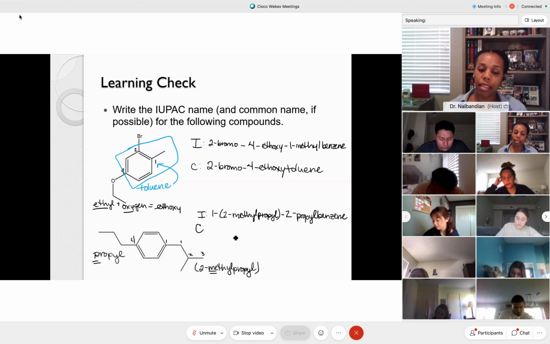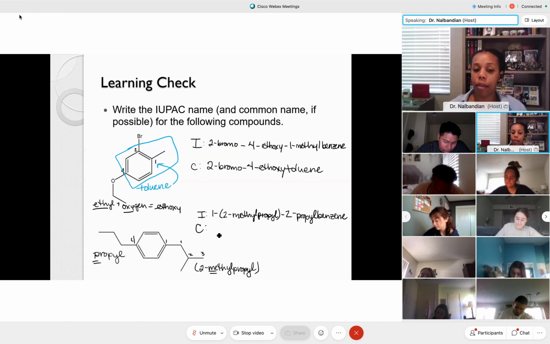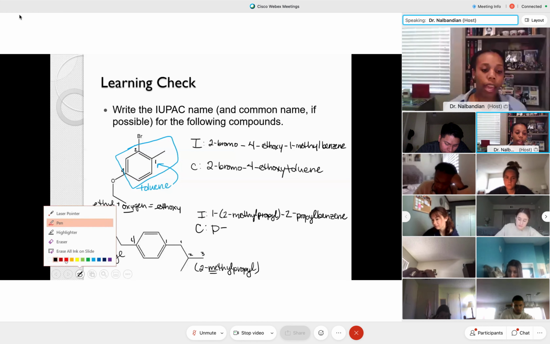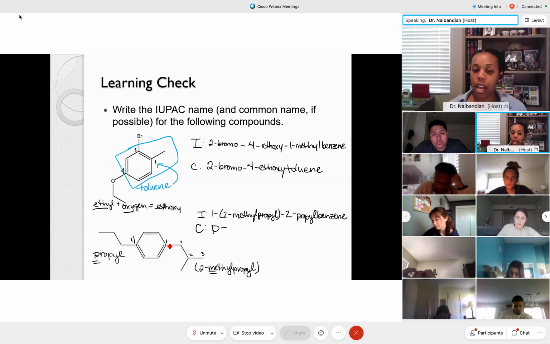Can we do a common name here? Well, yeah, we can do ortho, meta, para. Remember para, parachute. You want your parachute as open as possible. So 1,4, that's a para relationship. But also remember that when we have our common name, we can change the names of these to those alkyl names that we learned last semester.